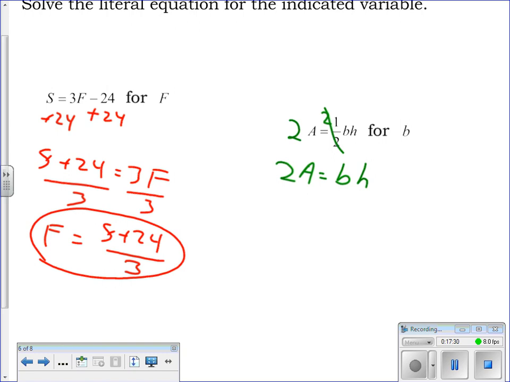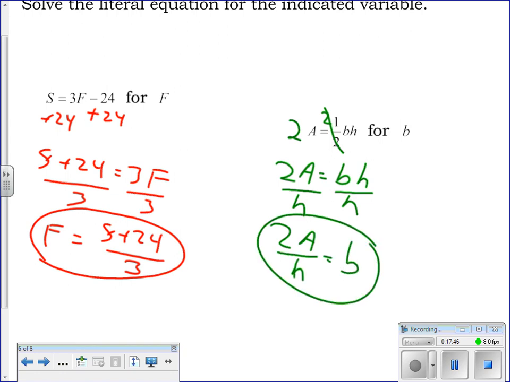Okay. bh is b times h. Opposite of multiplying is dividing. I want to get rid of the h. So I divide both sides by h. And I get 2a over h equals b. That's the answer. Piece of cake.